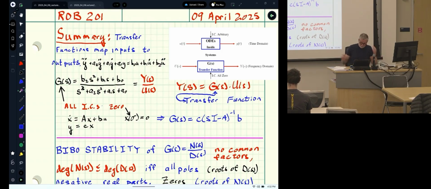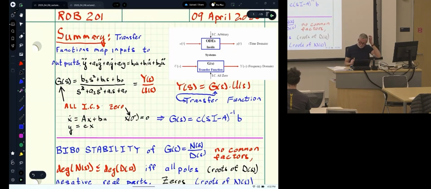If all the initial conditions are zero, the Laplace transform of y triple dot is s cubed times Y(s). And similarly for y double dot, s squared times Y(s). So you do that, and you get the transfer function, which relates how Y(s) can be computed from U(s) by multiplication by a rational function. And that rational function is called the transfer function.